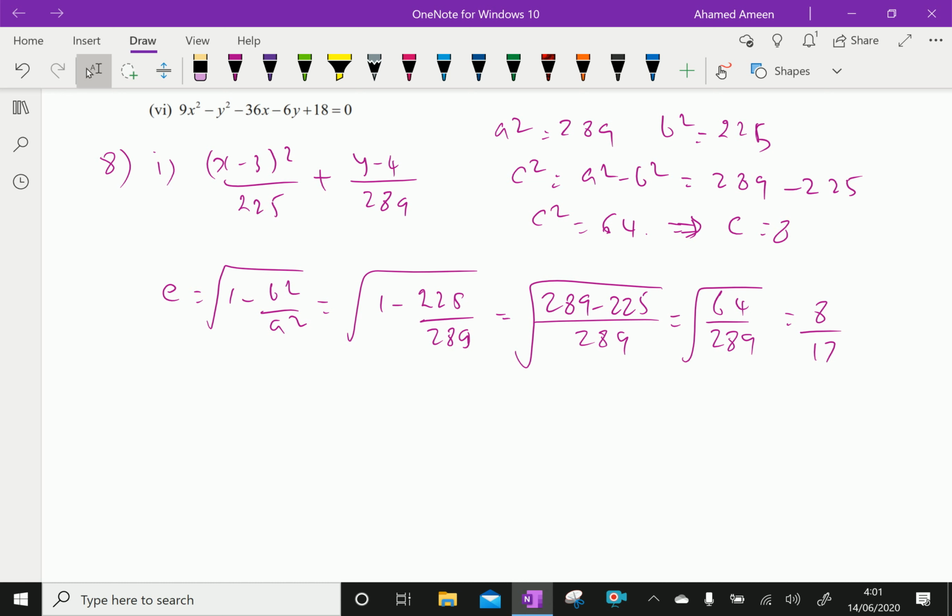Now we got e. Now we start the given things.